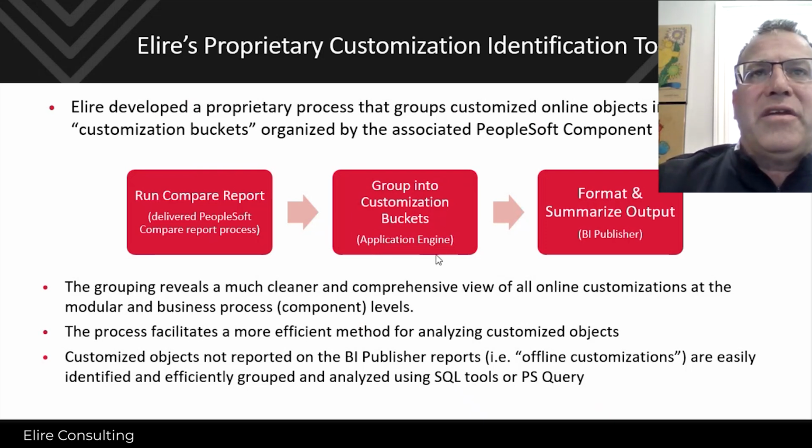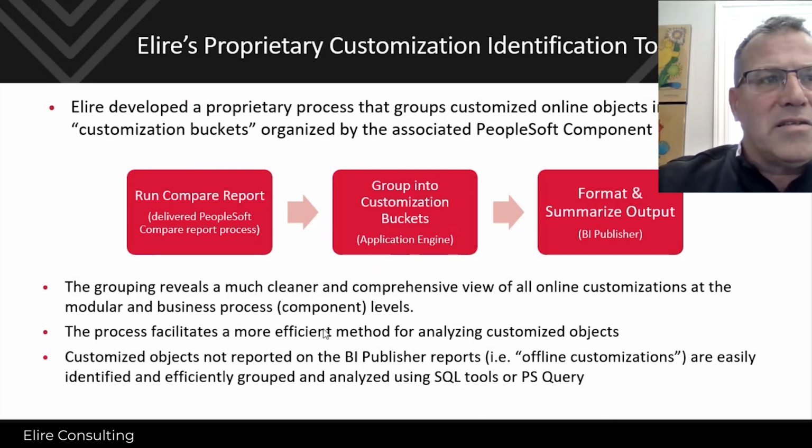The application engine does that grouping and then calls a BI Publisher report to show where those customizations reside, again providing the menu, the component, and the navigation to that component. And what we found is the grouping reveals a much cleaner, more comprehensive view of all the online customizations at the modular and business process or component levels.